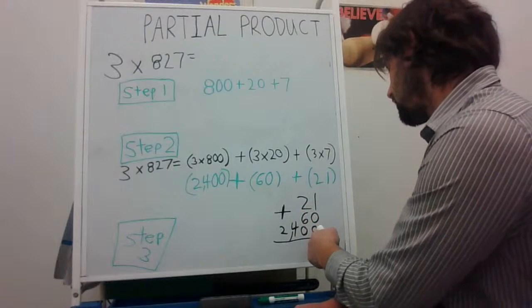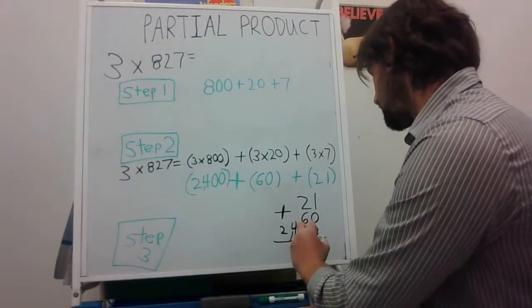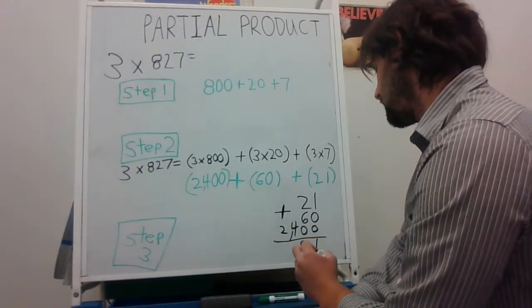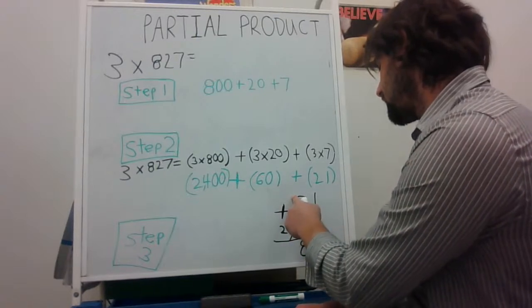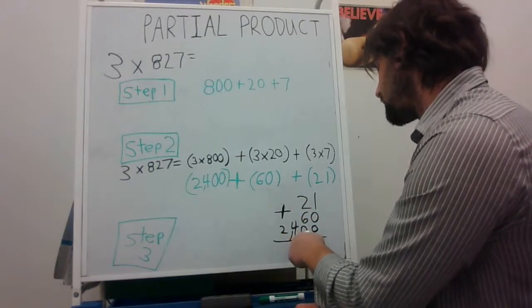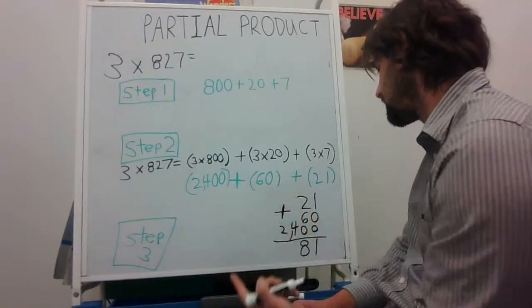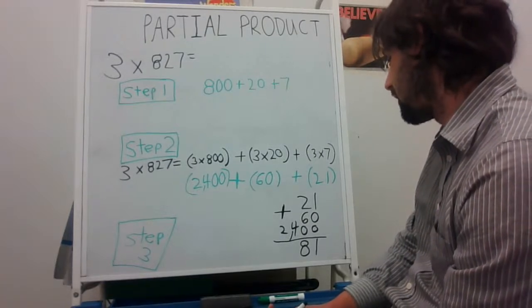So 1 plus 0 equals 1. 2 plus 6 plus 0 equals 8. When there's no numbers in a certain place, for example, 2,400 has 4 in the hundreds place, 60 and 21 have 0 in the hundreds place. You assume that there's a 0 there if there's no number there.